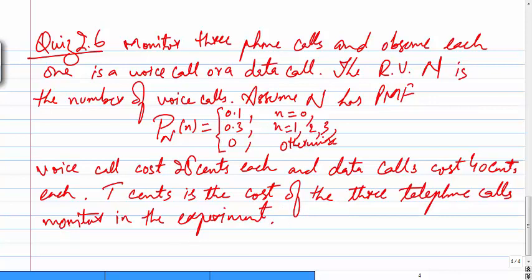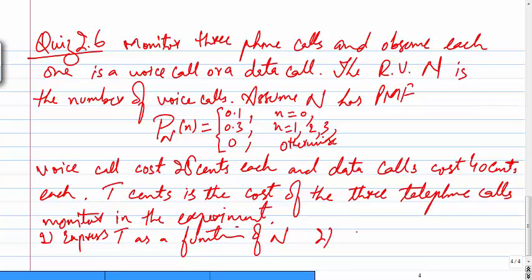Now the question is, one is express T as a function of n. So now question 2 is find the PMF of T and the expected value of T.